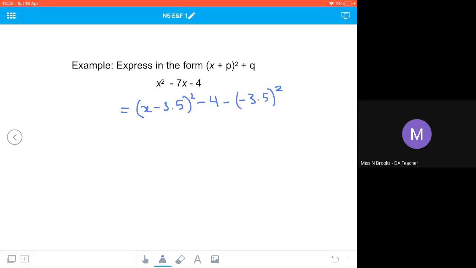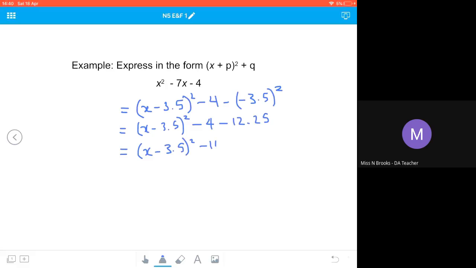So the next line of our working out is going to be x minus 3.5 squared. I'm going to take away 4, and then we're going to take away 12.25.